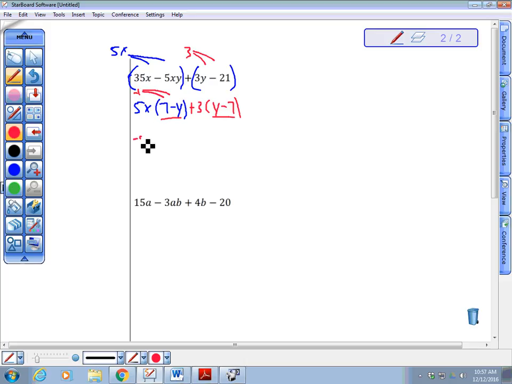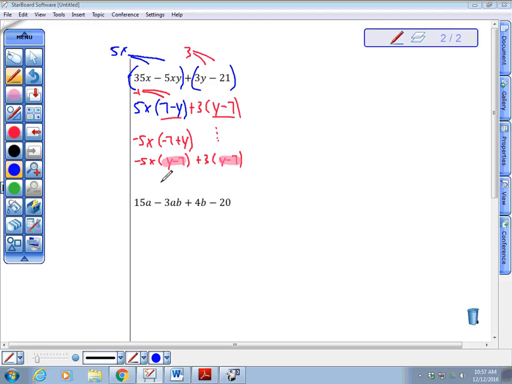So this is going to be a minus 5x now, and a minus 7 and a plus y, which if I flipped them around, y minus 7 is the same thing. And now I'm going to bring down the plus 3 and the y minus 7. Again, I have the same thing in both parentheses.